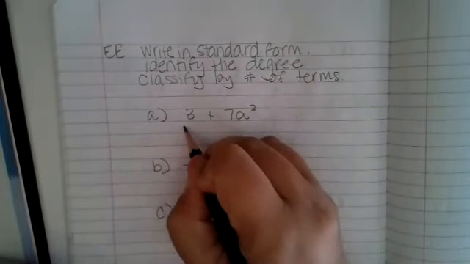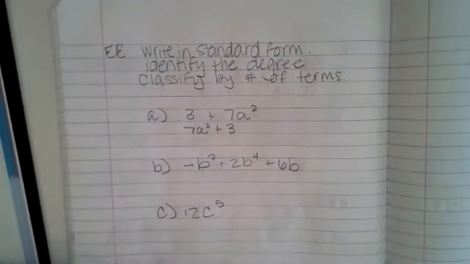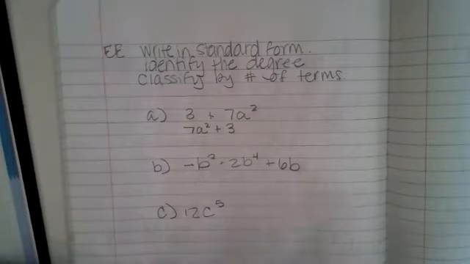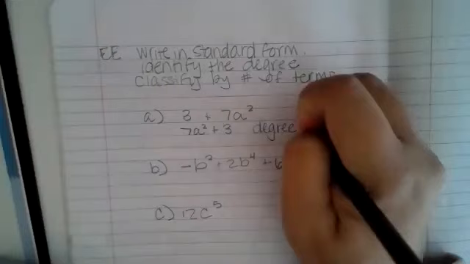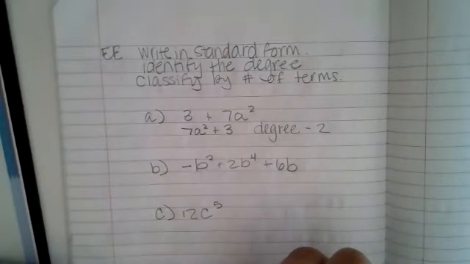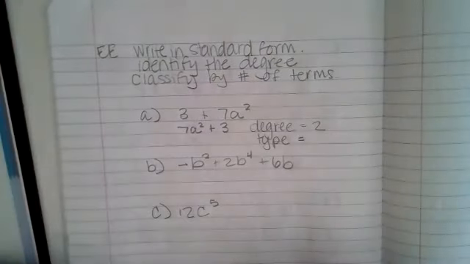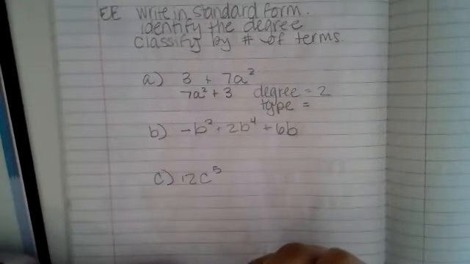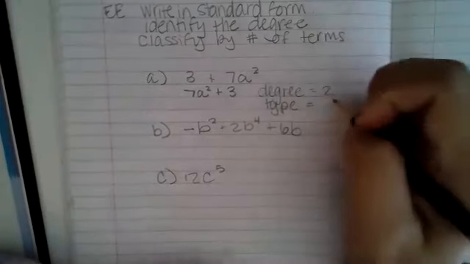So standard form would be 7a squared plus 3. The degree here would be 2. And the type, so how many terms does this have? 2. So it is a binomial.